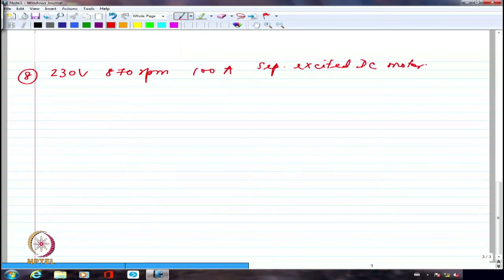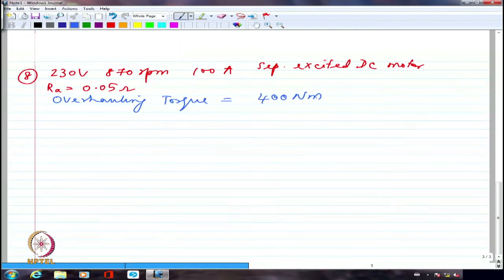Okay. It has RA equal to 0.05 ohm. It is driving a load, it is coupled to an overhauling load with a torque of 400 Newton meter. Okay.